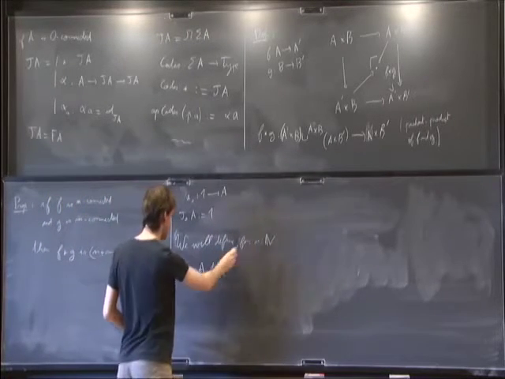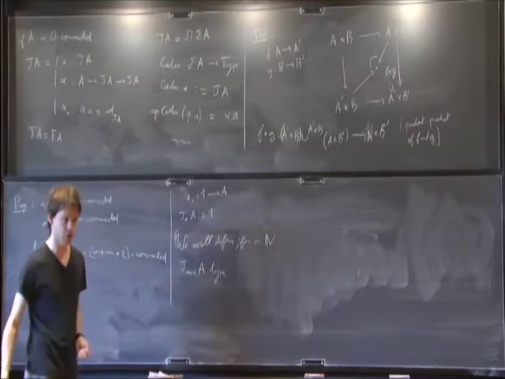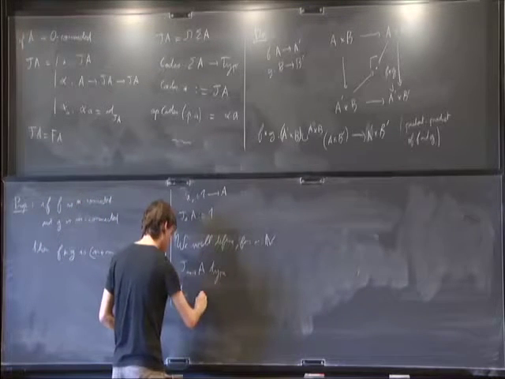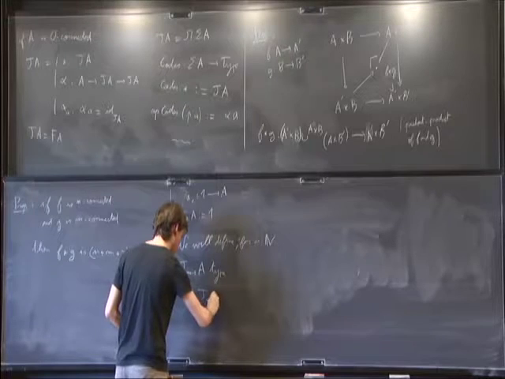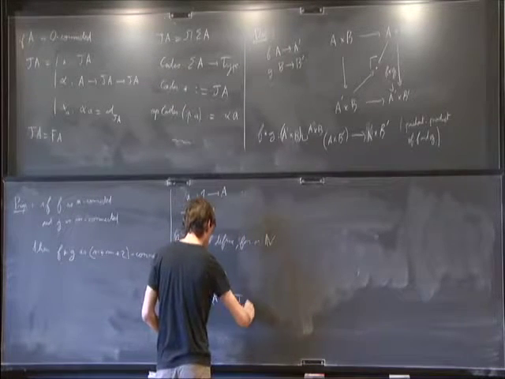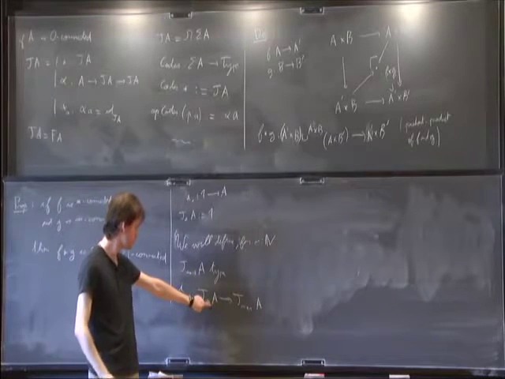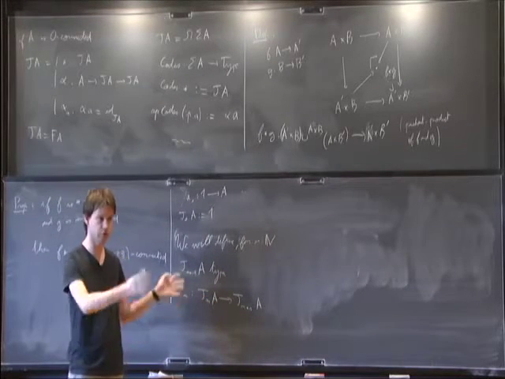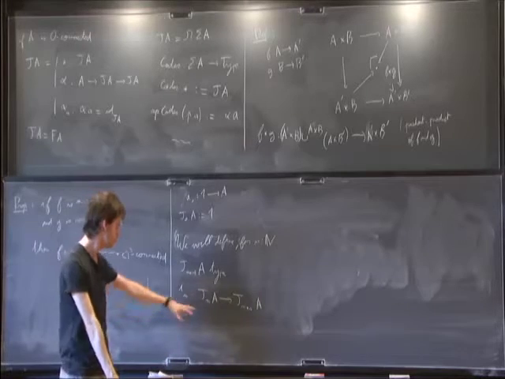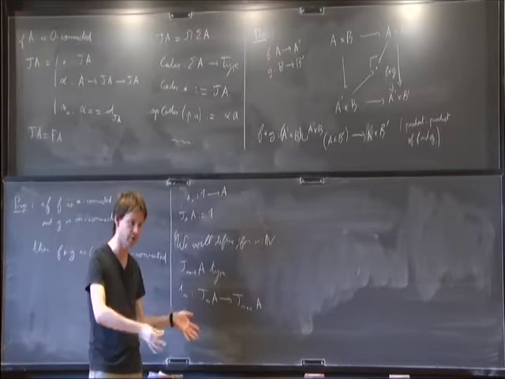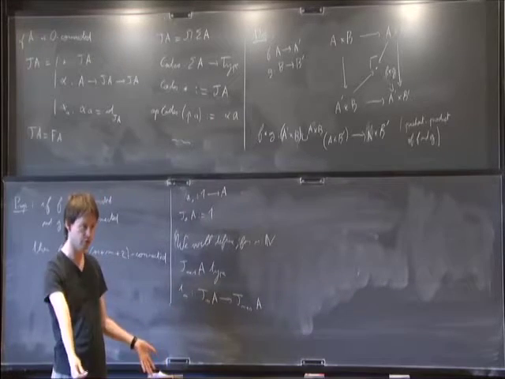For every n, we'll define a space J n plus 1 of A, and a map i n that goes from Jn of A to Jn plus 1 of A. So if you see that as words of length at most n in the free monoid, then this is the natural inclusion of words of length at most n into words of length at most n plus 1.